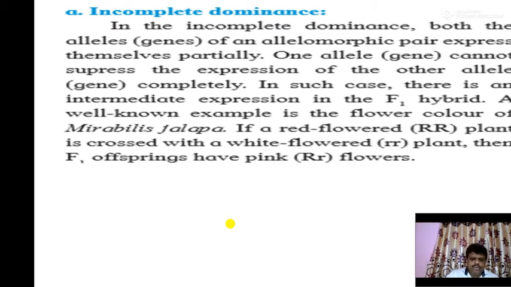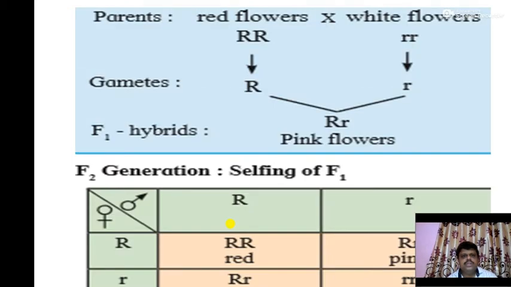In incomplete dominance, both the genes of the allelomorphic pair express themselves partially. One gene cannot completely suppress the characters of the other one. Thus, no one is dominant and no one is recessive. With the help of an example, you can see this concept.